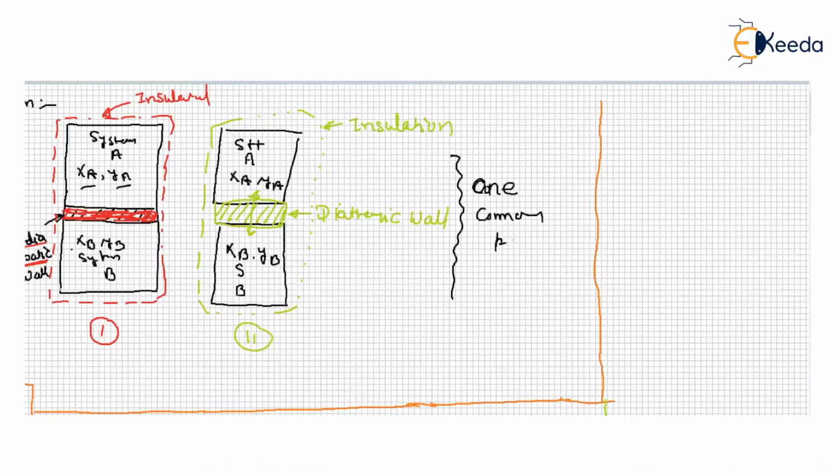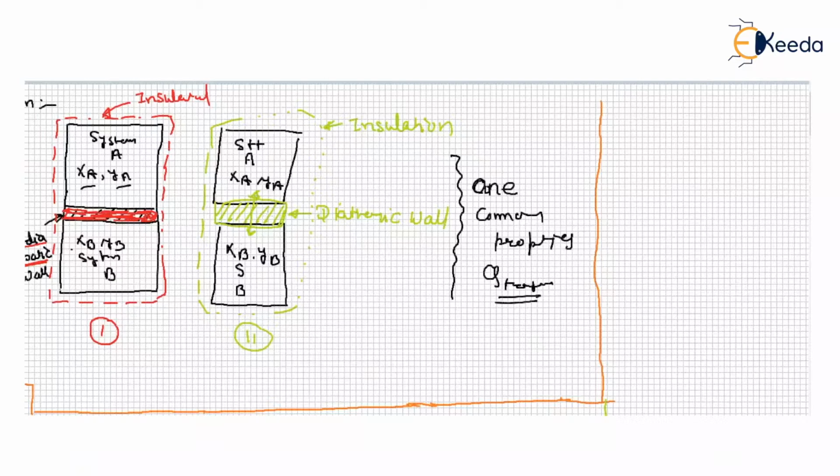Why? Because heat will transfer. So if heat transfers, after some time these two bodies come into equilibrium. That equilibrium due to transfer of heat is known as thermal equilibrium.